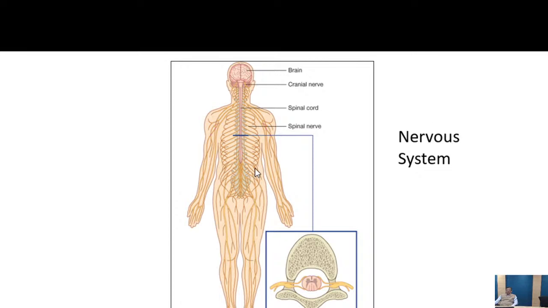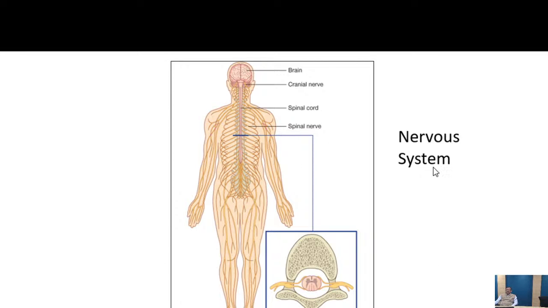The peripheral nervous system also includes the ganglia, and sensory receptors like Meissner's corpuscle, Pacinian corpuscle, etc. It also includes structures like the muscle spindle and the motor end plate, through which nerve fibers end on muscles. So, the nervous system can be broadly divided into two: central nervous system and peripheral nervous system.